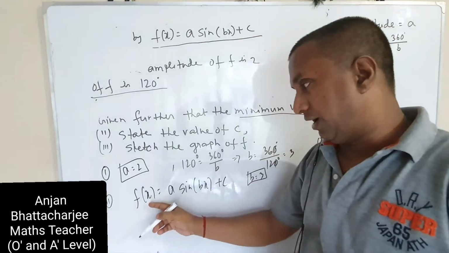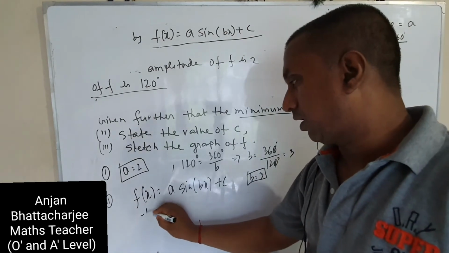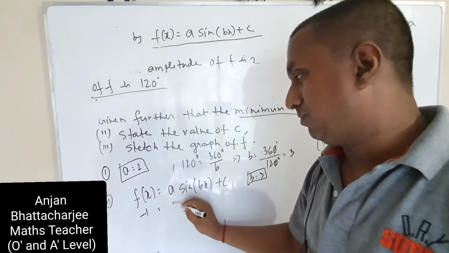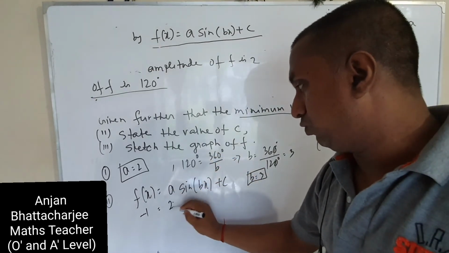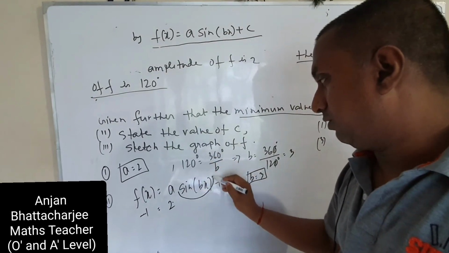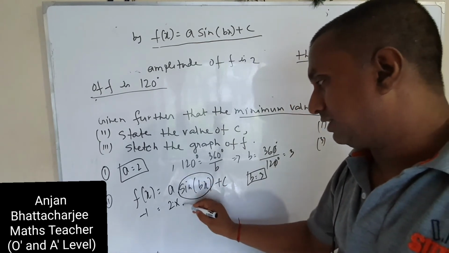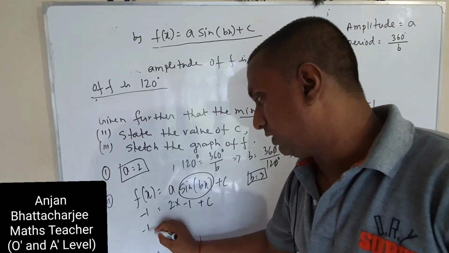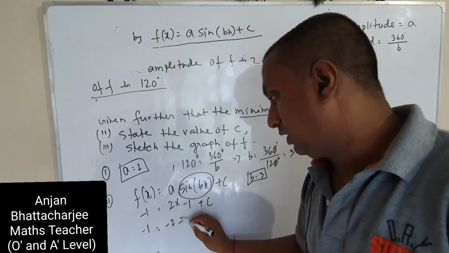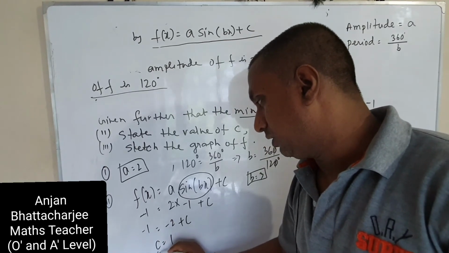Now see here, the minimum value of f(x) is minus 1. From here I have got a is 2. Then see these values. What about the minimum value of sin bx? That is also minus 1. So minus 1 equals minus 2 plus c. Let me simplify. So c equals 1.